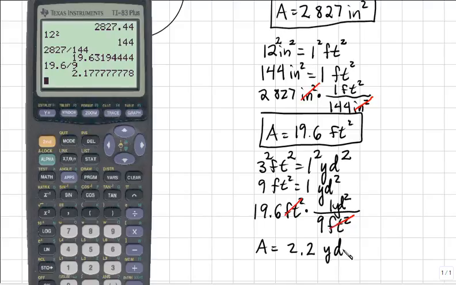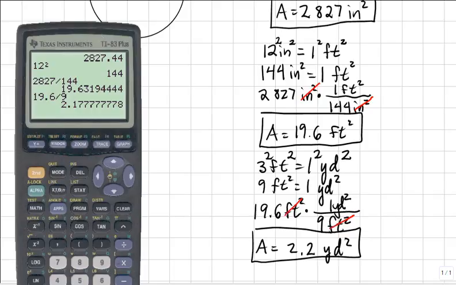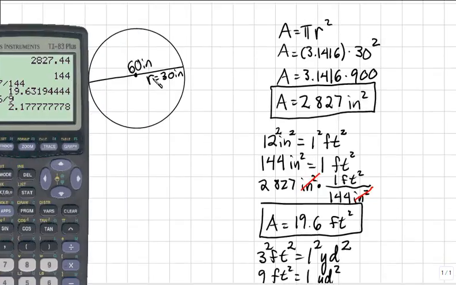2.2 square yards. So, in summary, we've used the formula for the area of a circle and the thought that 2 radii would become 60 inches, the radius would need to be 30 inches, to find the area of this circle to be 2,827 square inches.